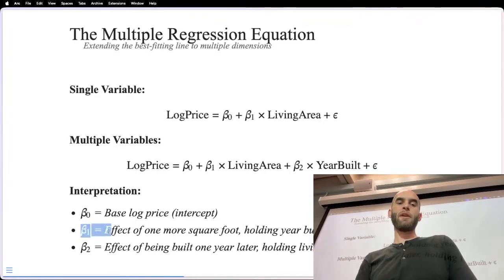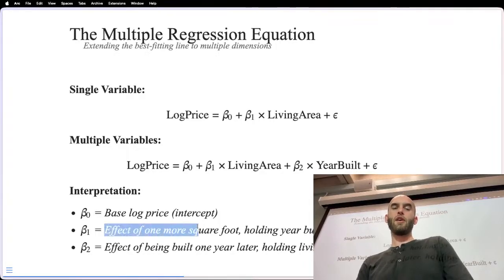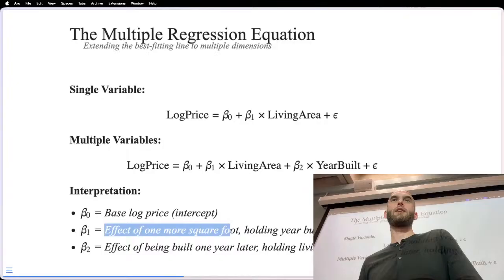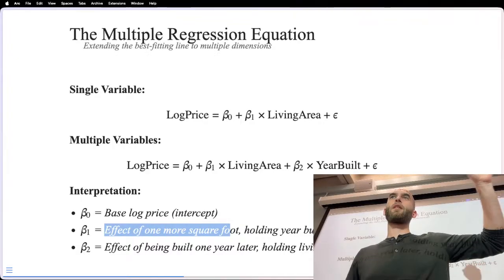Then we have beta 1, which is the coefficient on living area. The way we interpreted this before in the single variable model was the effect of 1 more square foot. So this was essentially just what happens to price when I move my square foot up by 1.